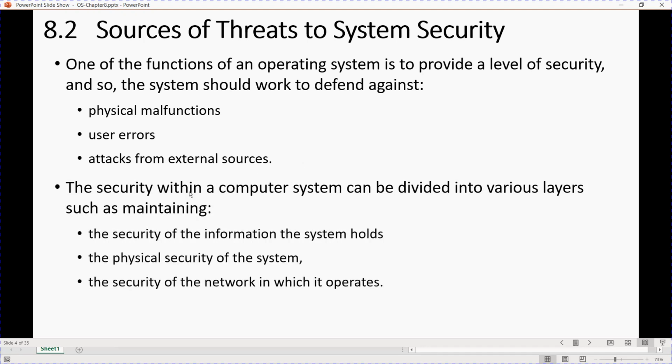The security within a computer system can be divided into several layers: maintaining security of the information that the system has, the physical security of the system, and the security of the network that it's operating in.